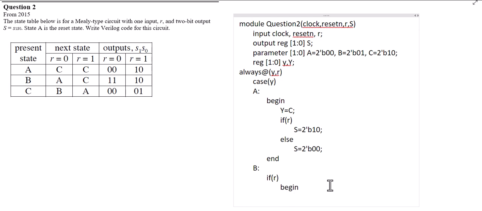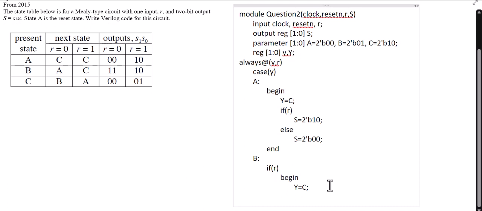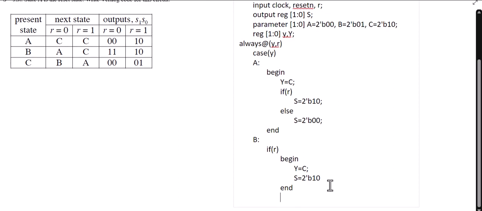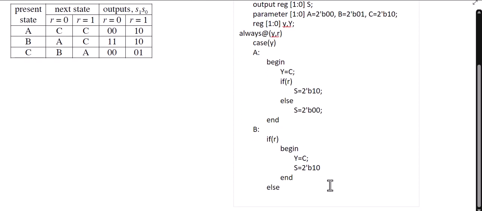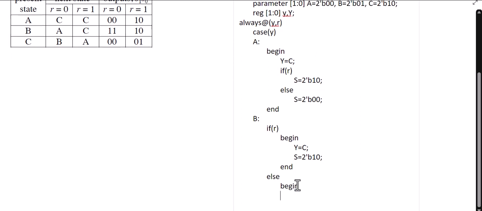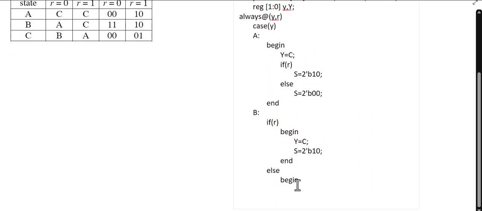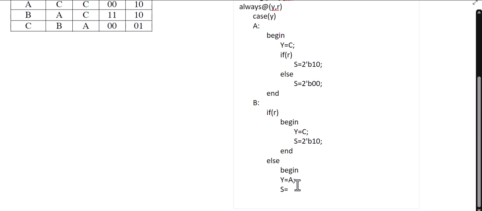So y equals C, S equals 1, 0, and else begin. So now I'm in state B and R is 0, y equals A, S equals 1, 1.